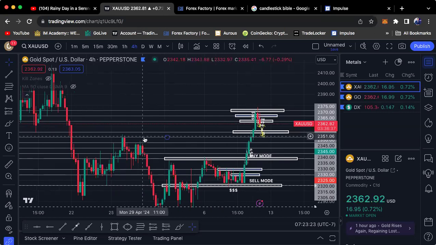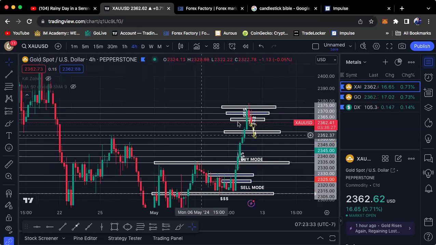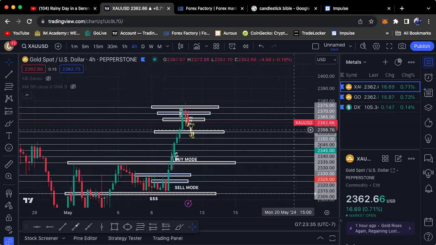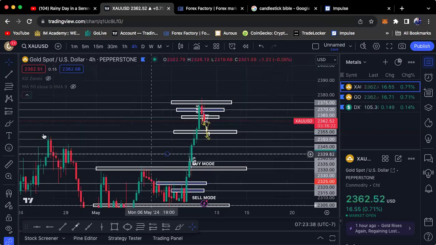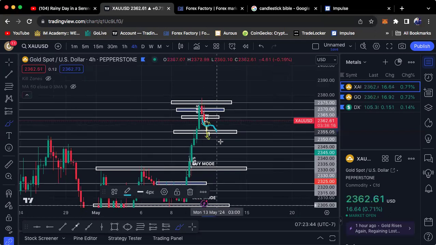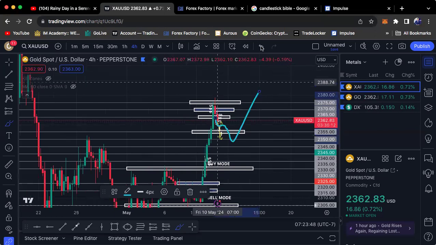So price may come back down to retest this area here at the 4-hour candle time frame. It may come back down to this zone here, and then boom, continue to the upside, because that's a break and retest.